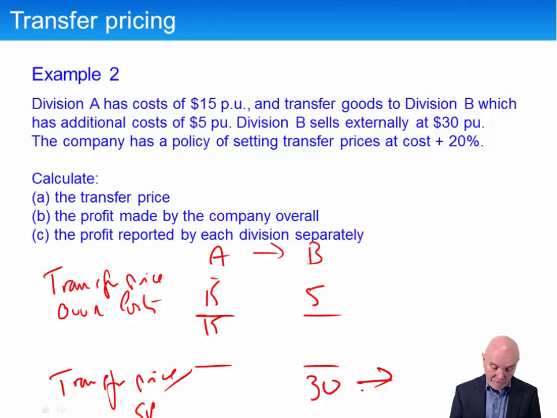So the cost plus 20% in here will give us 3 there, will give us 18. So this is going to put 18 up here. 18 and 5 is going to be 23. This is going to be 7.